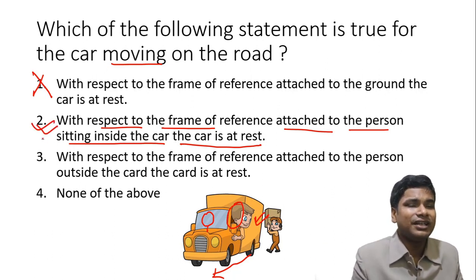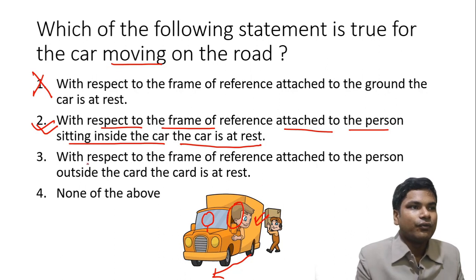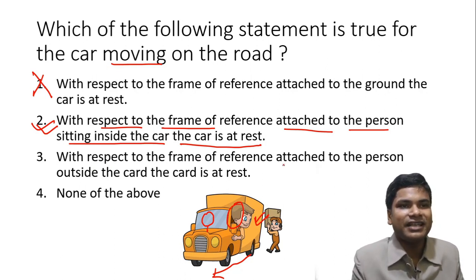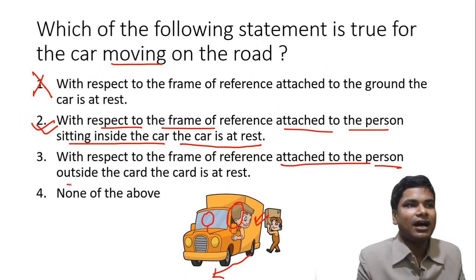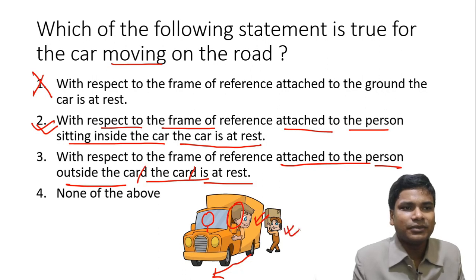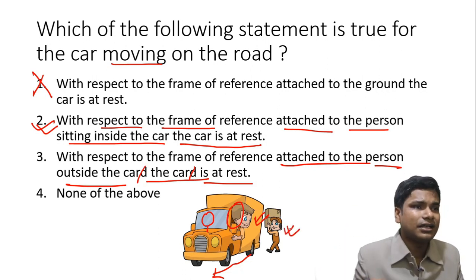Now let me quickly read option 3 also. With respect to the frame of reference attached to the person outside the car, the car is at rest. Here also, this is the person who is outside the car.